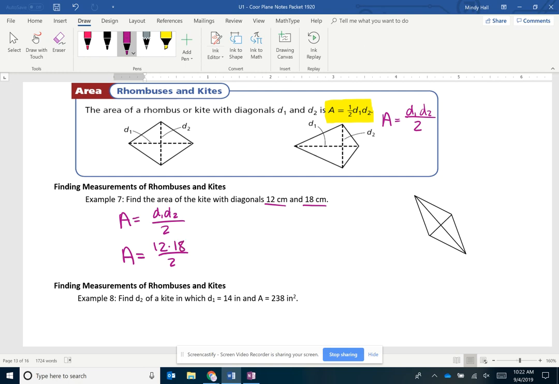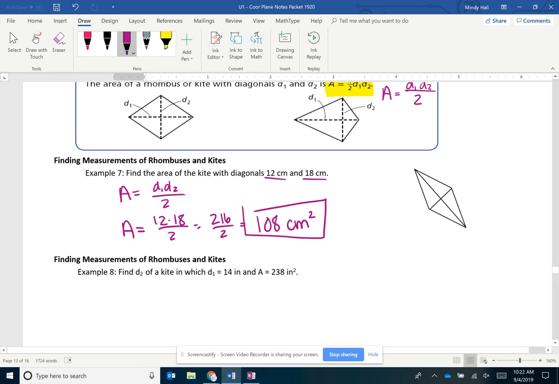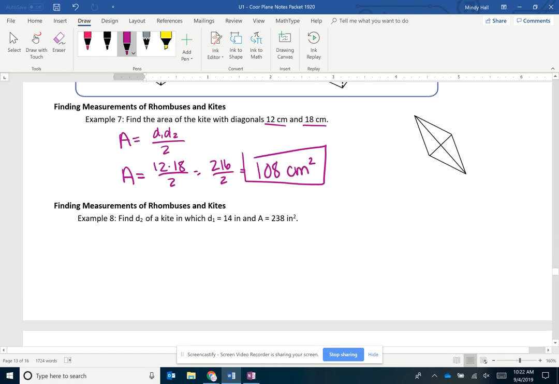So then 12 times 18 is 216. And 216 divided by 2 is 108. So then our area would be 108 centimeters squared for this. And I actually remembered to divide by 2. Woo! Small wins.